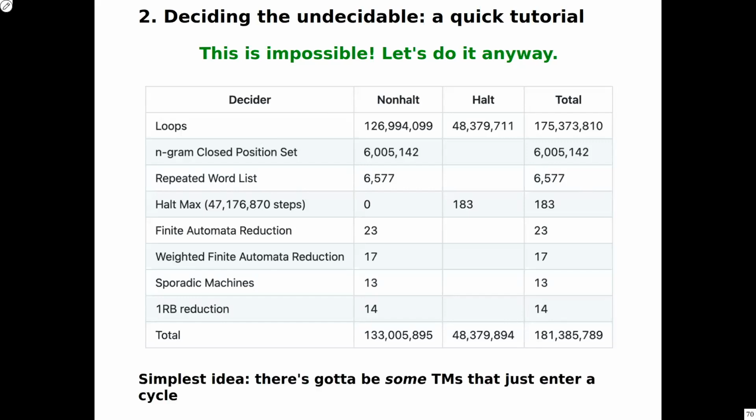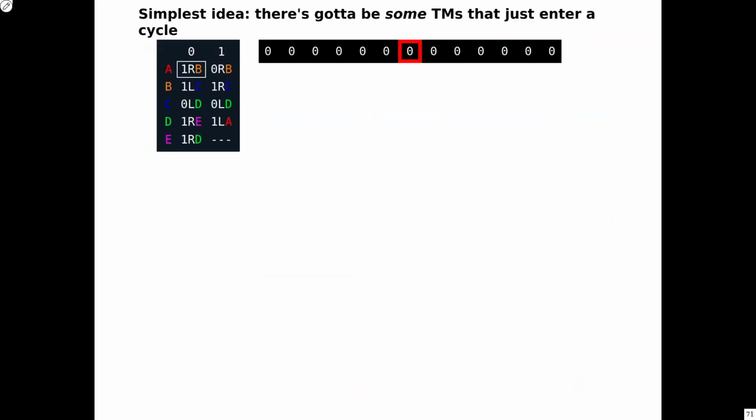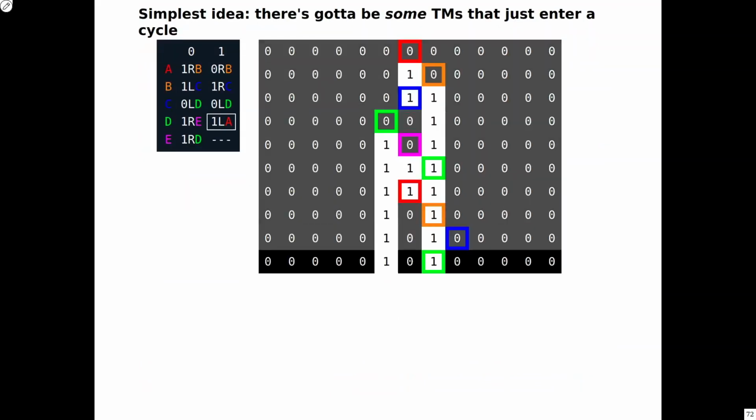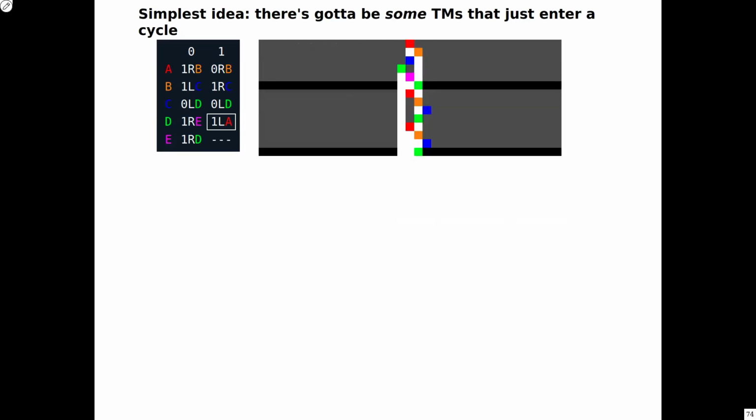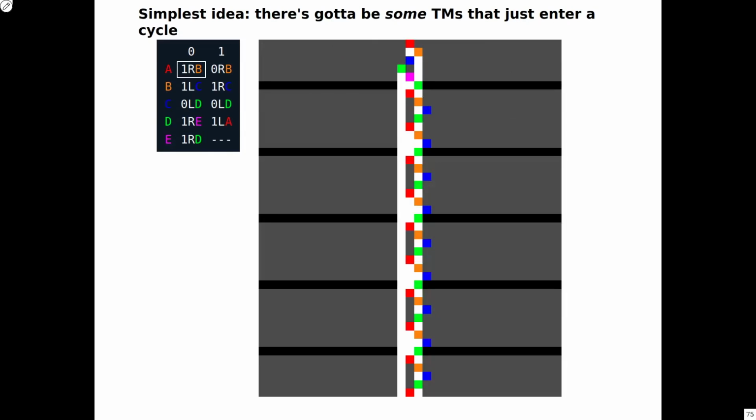So the first possible idea when you try to prove that a Turing machine doesn't halt is that there have got to be some machines that just enter a cycle. And here's one example. We can run it for a few steps. And you notice, hey, here the tape is the same, and the state it's in is also the same. So if we keep it running, it's going to be repeating the same pattern forever.